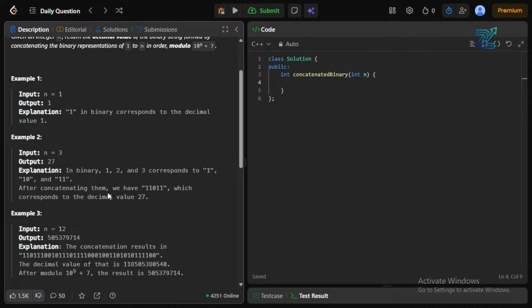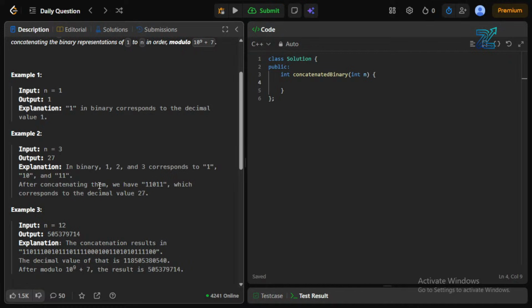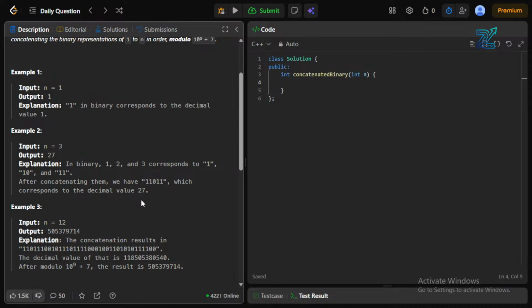If we concatenate these 3 values, we get 1, then 10, then 11. So this 1 is for 1, this 10 is for 2 and this 11 is for 3. The decimal value of this binary number is 27. Understood? So this is how we are going to solve this problem.